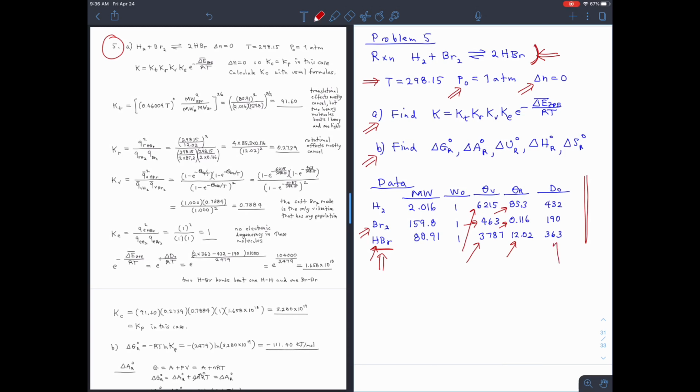In the original version of this problem, as it was written up and put out in the practice exam to begin with, these numbers were a little bit different. These D0 values were a little bit different. I got values in my calculation that didn't agree very well with the table, and it's taken me some time to figure out where the issue was. It turns out there was a bad number in the source.